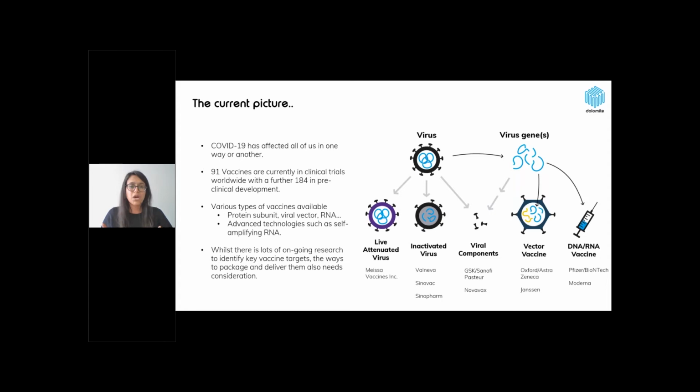You have your virus. You can have it live attenuated, inactivated. You can use the viral components, so protein subunits, or you can use the genetic material, the genetic code that the virus actually holds. So here is just a very brief list of some of the key leading pharmaceutical industries which have paved the path for vaccine development.